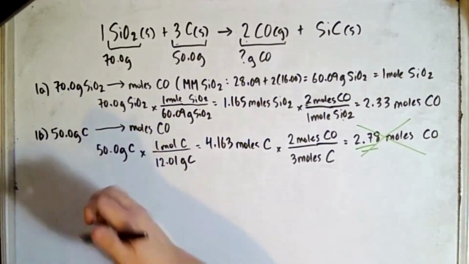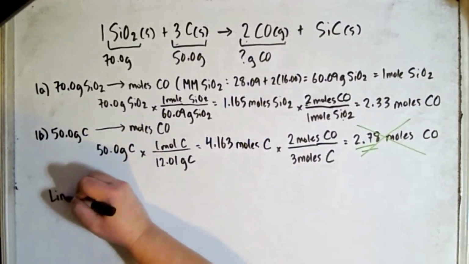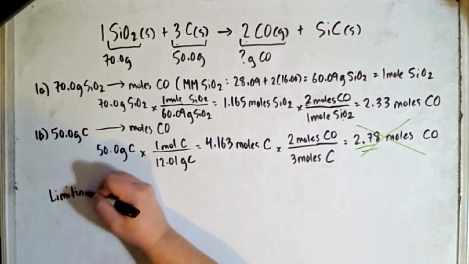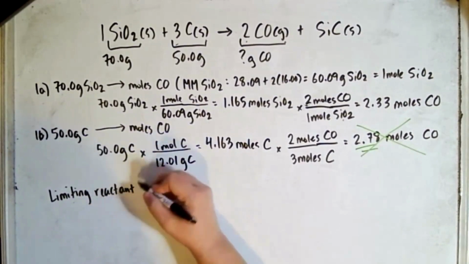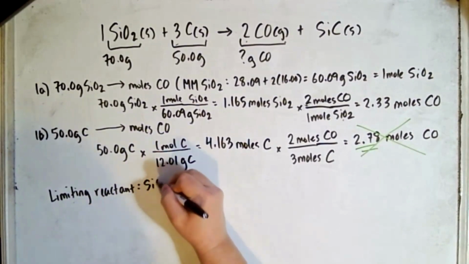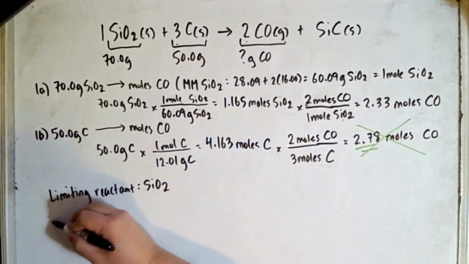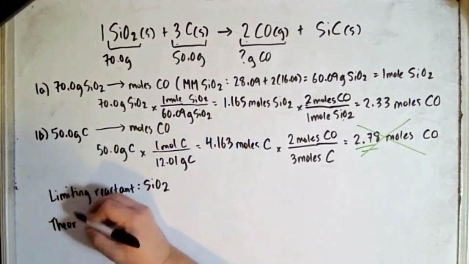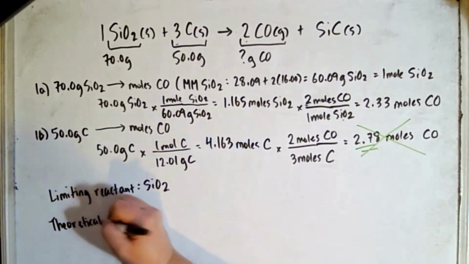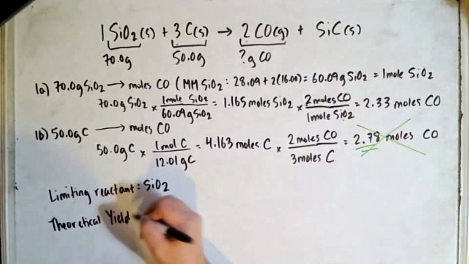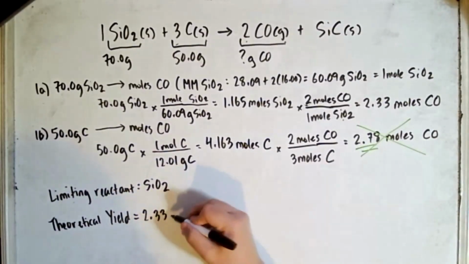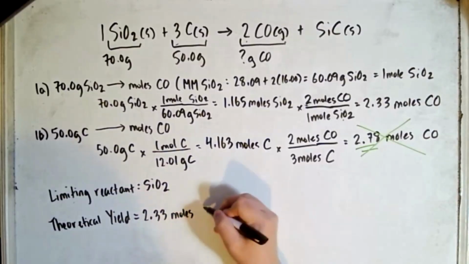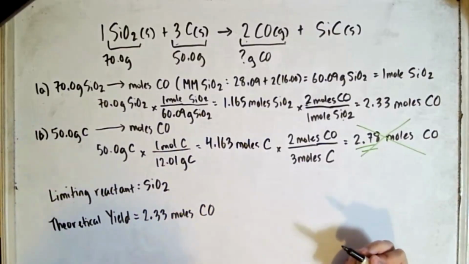So this tells us that our limiting reactant is going to be SiO2. And it tells us that our theoretical yield is going to be 2.33 moles of carbon monoxide.